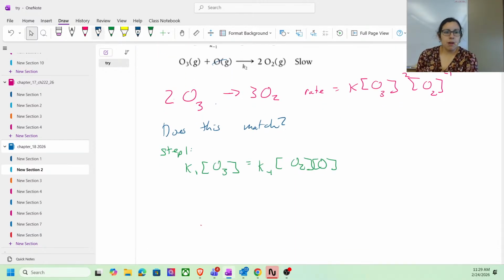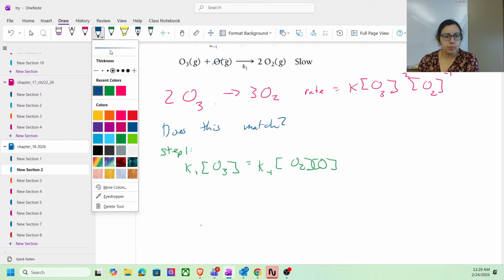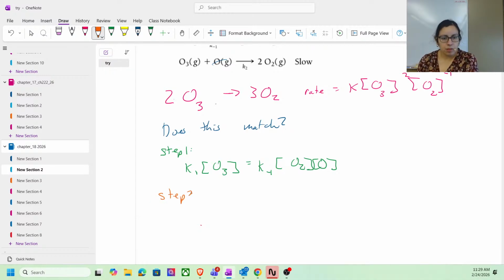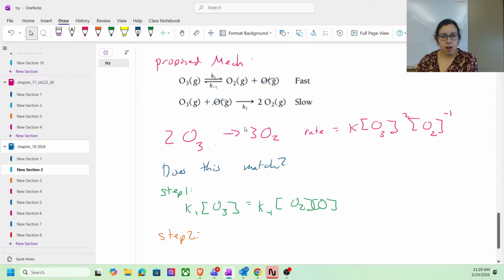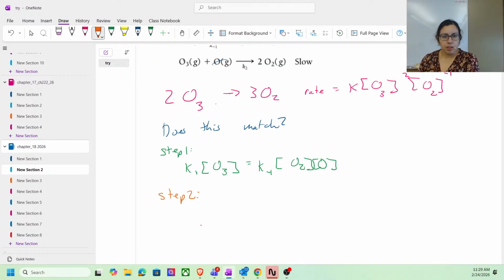Now I'm going to rewrite it for step 2, again just showing our rate. Since it's step 2, we'll call it K2, so it's equal to our ozone times our oxygen intermediate.